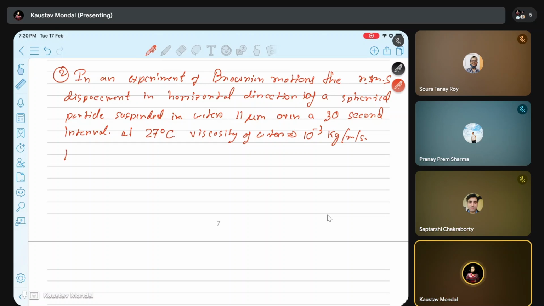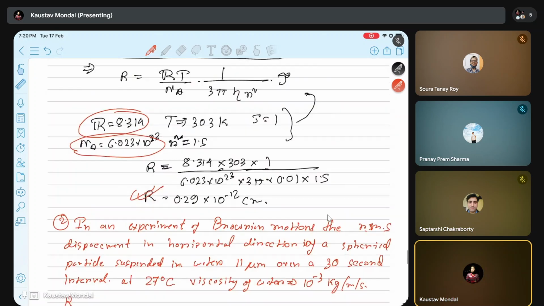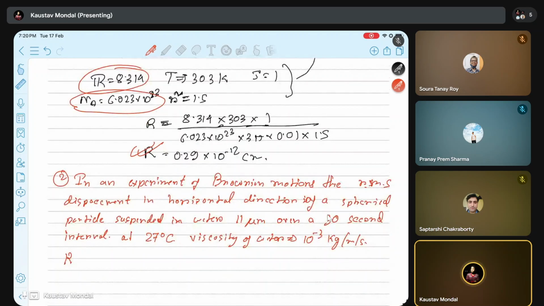Universal gas constant R is given as 8.32 joule per mole per Kelvin. Now it's given properly. Avogadro number Na is 6.023 into 10 to the power 23.